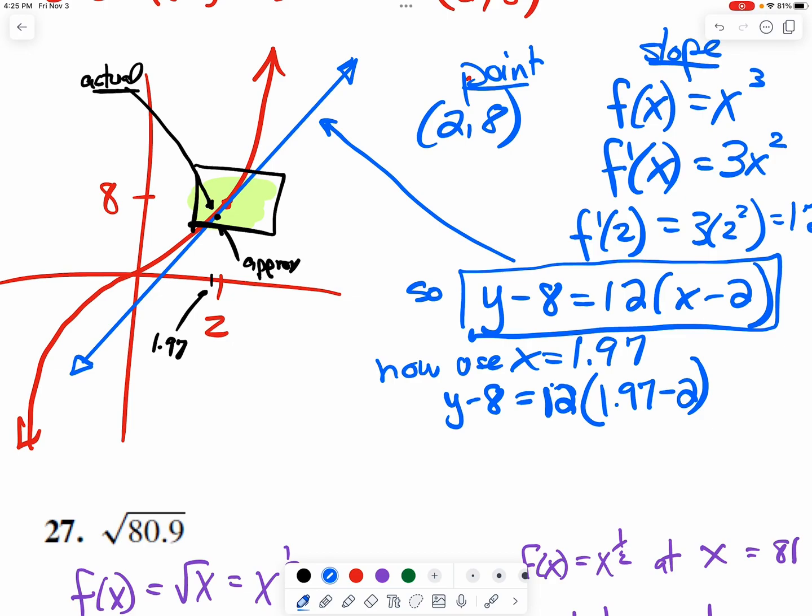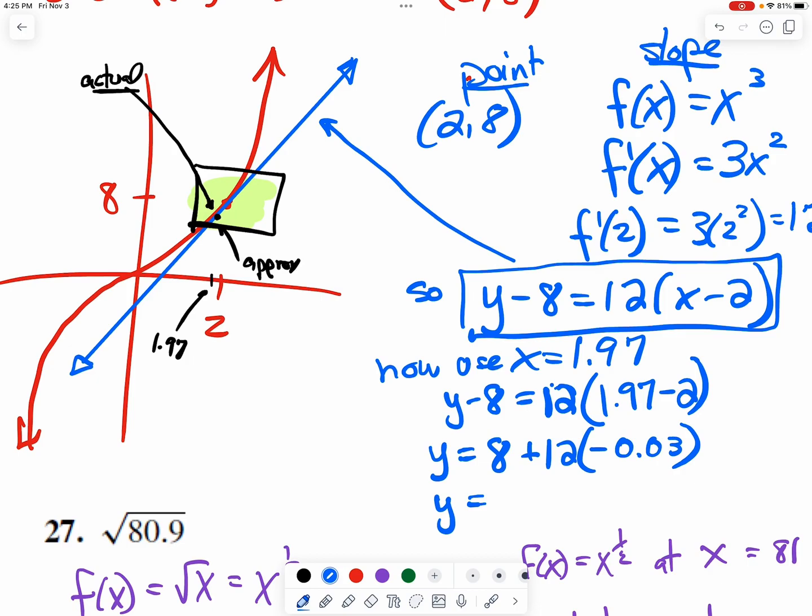And now we crank that out and solve for y. y is going to be 8 plus, let's see, 1.97 minus 2 is negative 0.03.